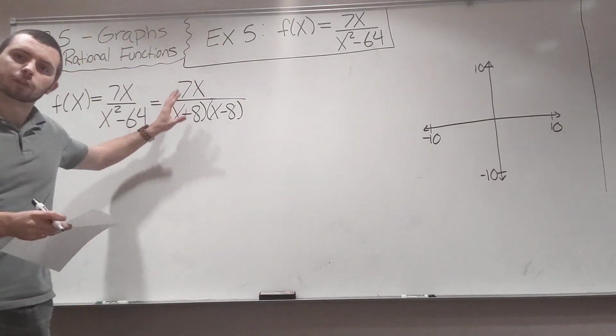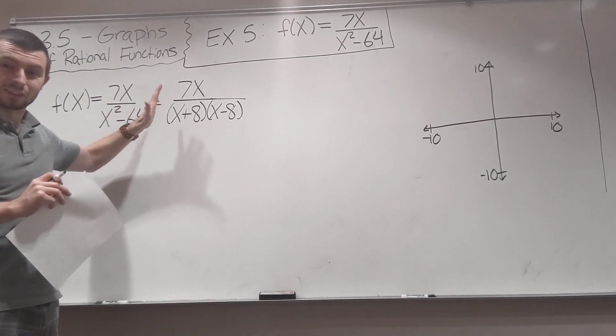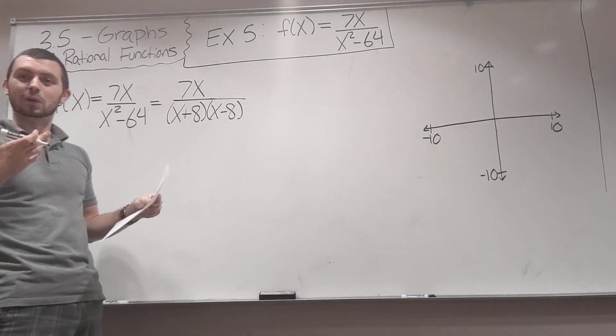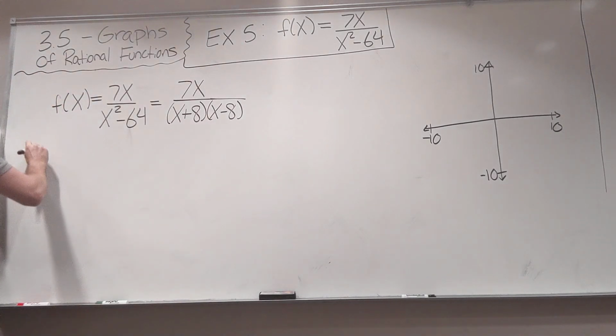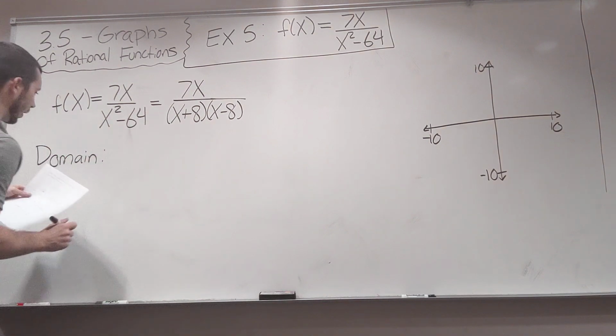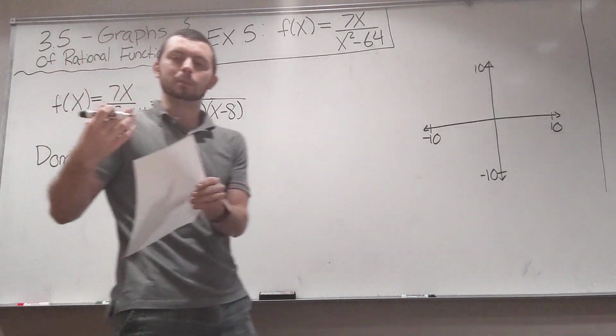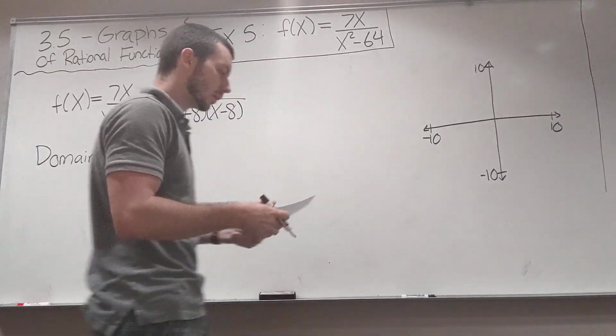There's no cancellations. We don't have to worry about any cancellations, so there are going to be no holes in the graph or anything. So we can jump directly into the domain. Since we're not giving this in some special format, this is our scratch work off to the side.